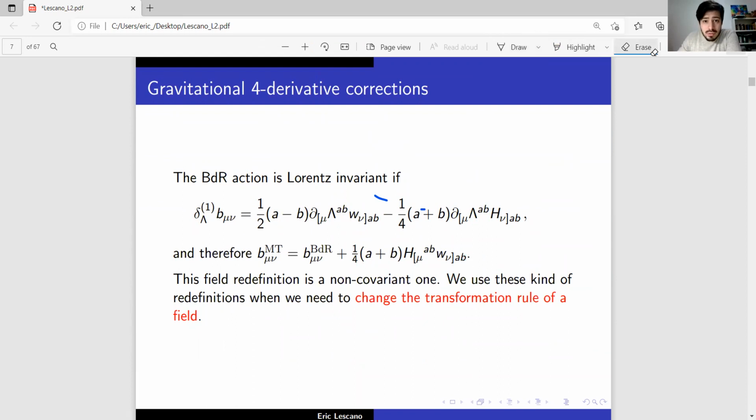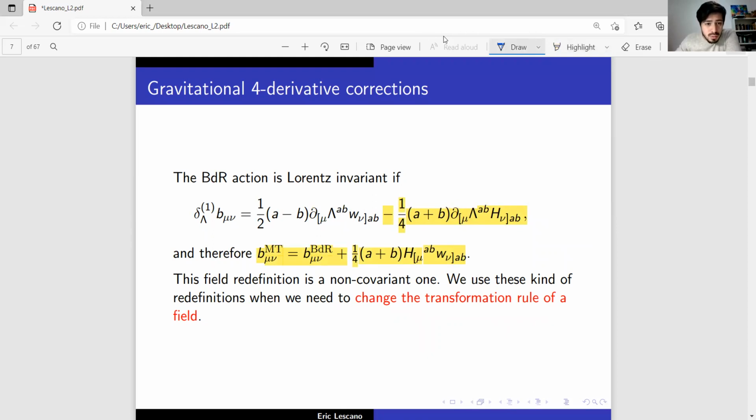Our B field transforms in a different way. So both B fields are in some sense different. Both B fields are connected by non-covariant field redefinitions. We need this extra term over here, this term with H and the connection, in order to reproduce this extra term.